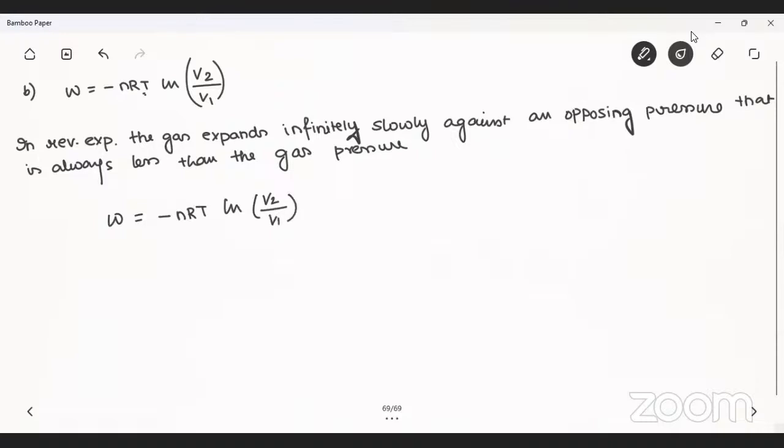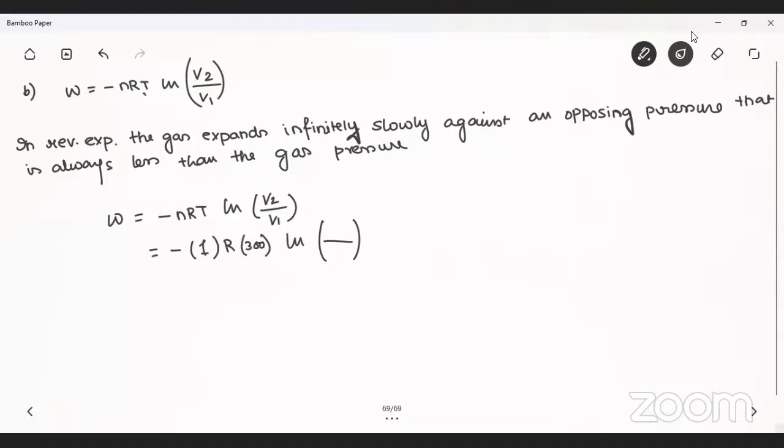Good. So what is the number of moles here? Check the question and say. 1 mole, ma'am. Yes, 1 mole. What is the temperature? 300 Kelvin. Okay.